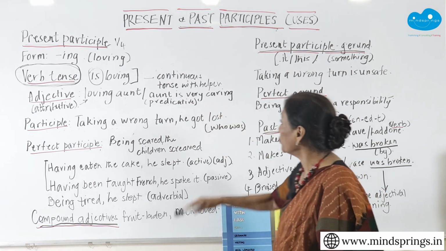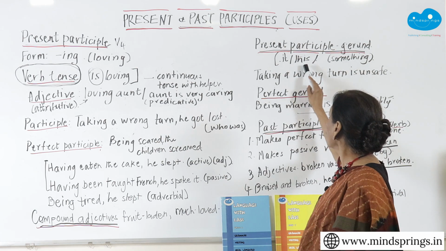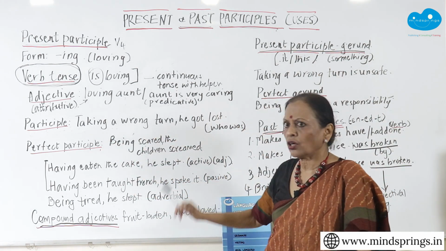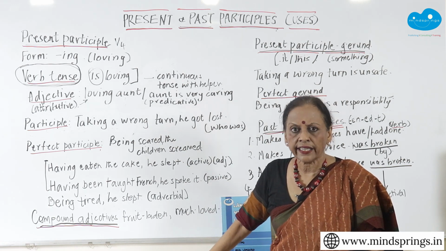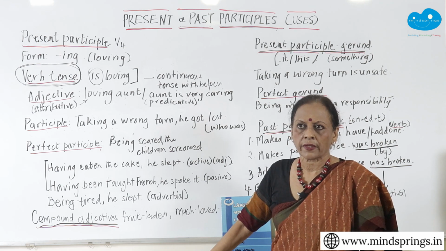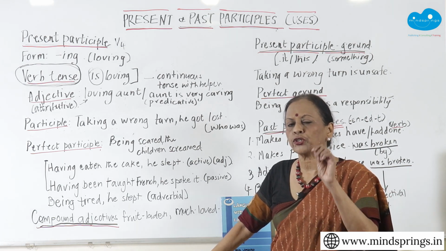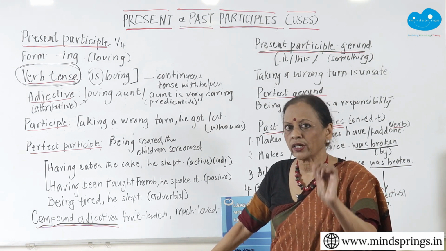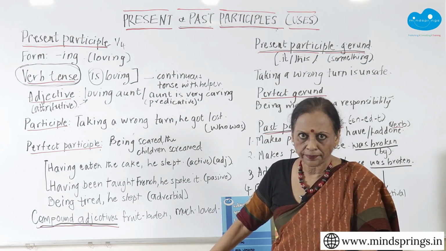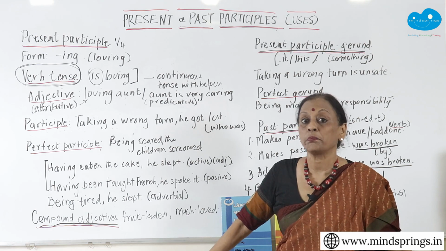This also I have told you, you substitute it with it or this or something. Now, if I say something he got lost, it he got lost, this he got lost, can I say that? I cannot. The minute you cannot substitute it with it or this or someone or something, trust me, it is not a gerund. So, it is very simple.